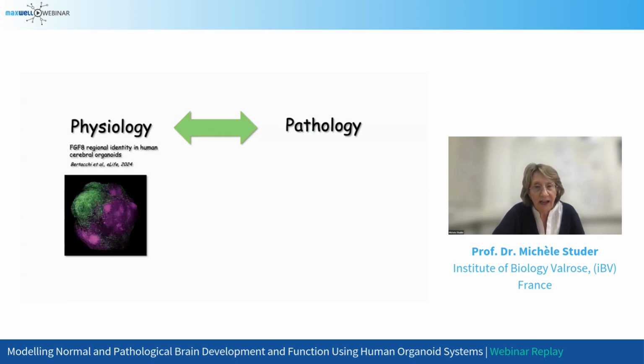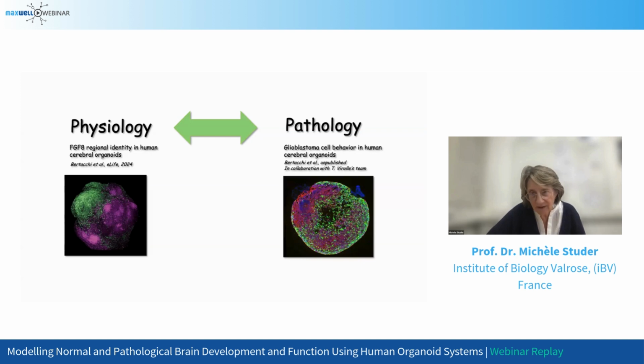Today we are going to talk about two projects that we have in the lab. The first, as already mentioned by Marie, is about how FGF8 acts in regional identity in human cerebral organoids, and this has been recently published in eLife. And here you see an organoid with glutamatergic and GABAergic neurons that are divided.